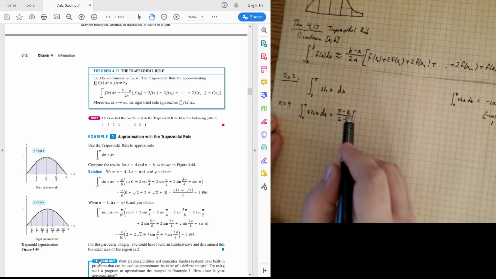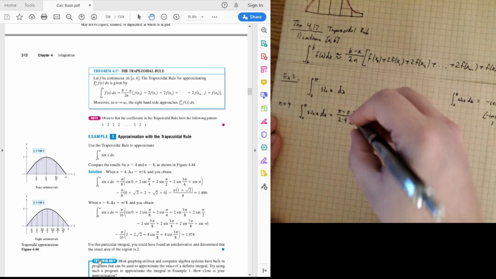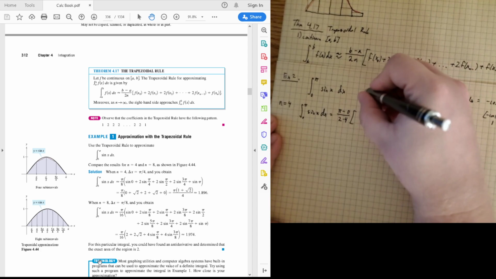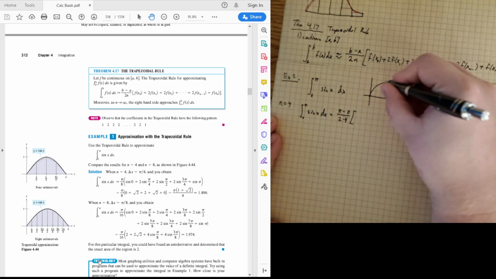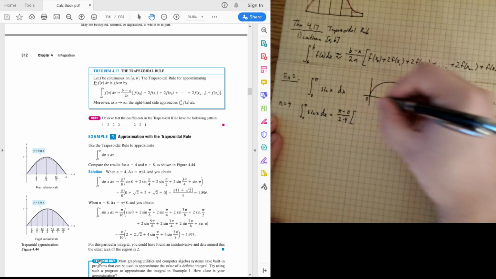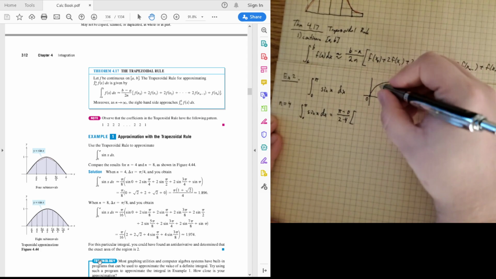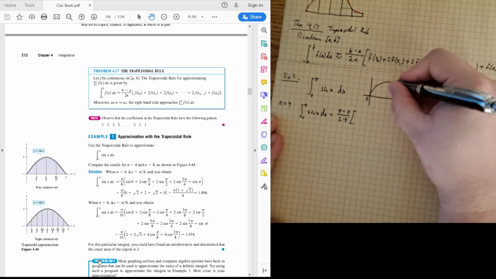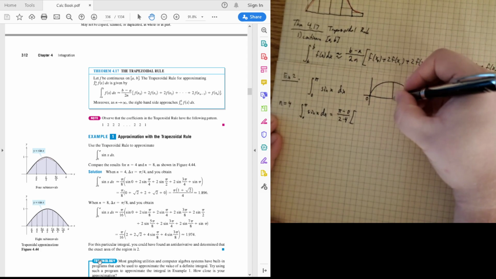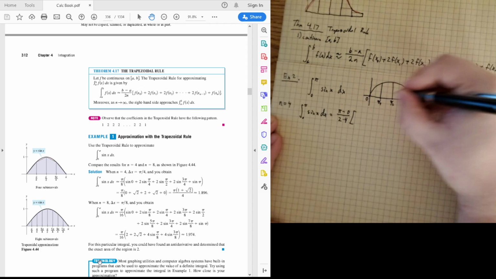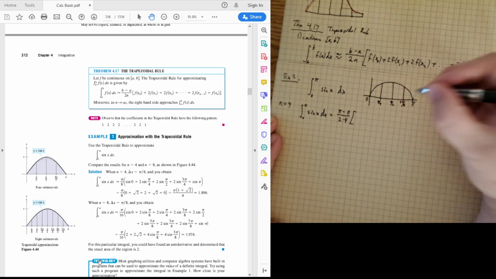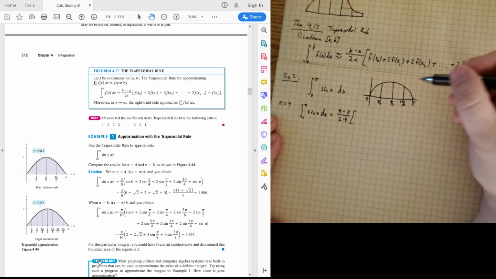Now, it helps to have a picture. Between 0 and pi, here's my sine function. We're breaking this into 4 groups, so halfway through should be pi over 2. Next group should be pi over 4 and 3 pi over 4. There's my 4 little pieces.